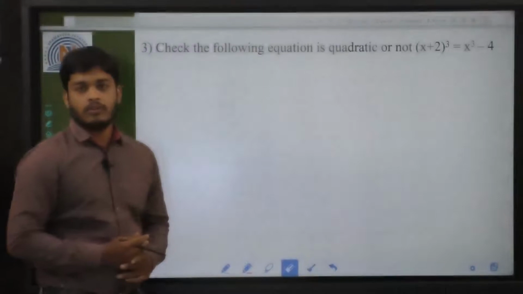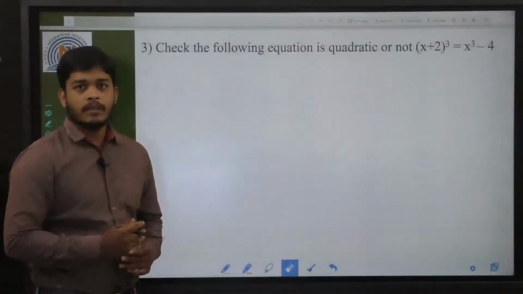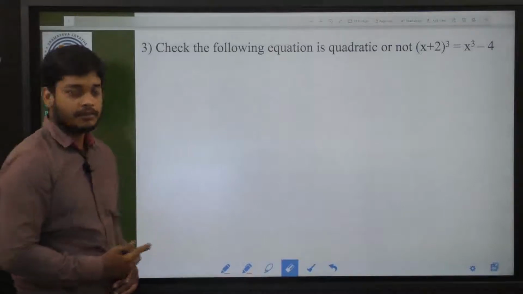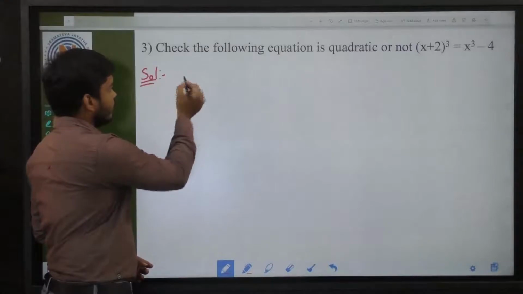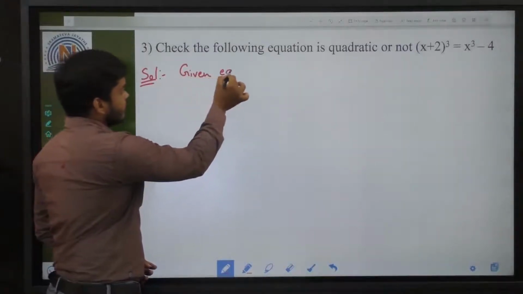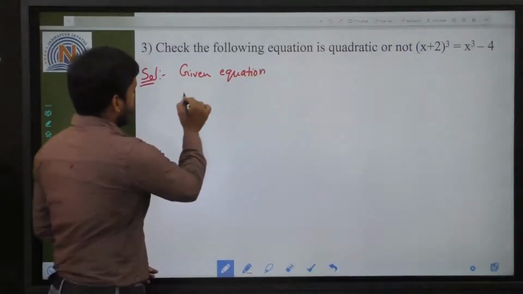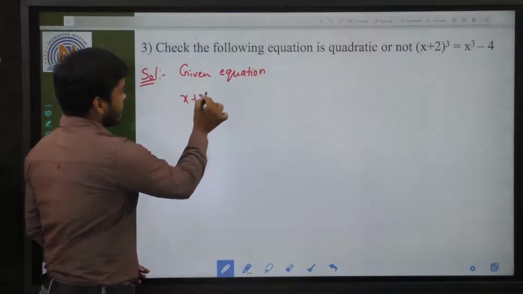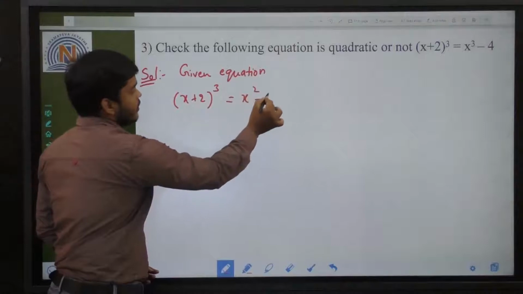See children, check whether the following equation is quadratic or not. The given equation is (x plus 2) whole cube equals x square minus 4.